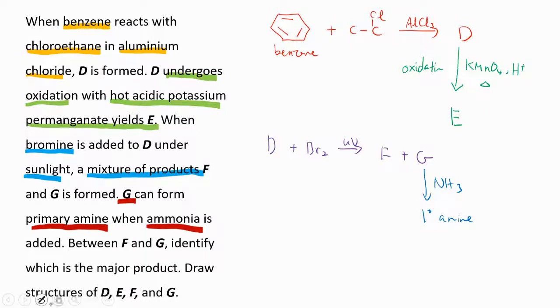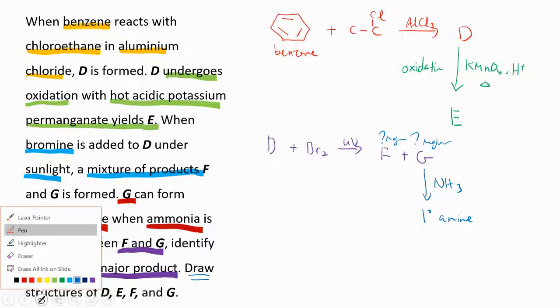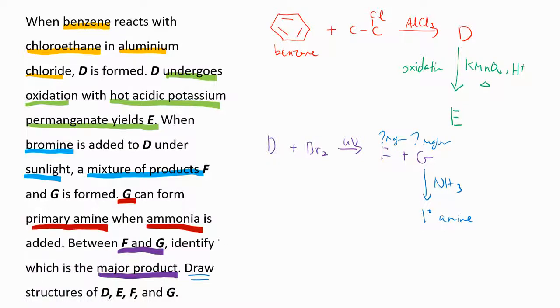Then the next question is, between F and G, identify which one is the major product. Then the final one is to draw the structures of D, E, F, G. Now we shall start to solve the problem.